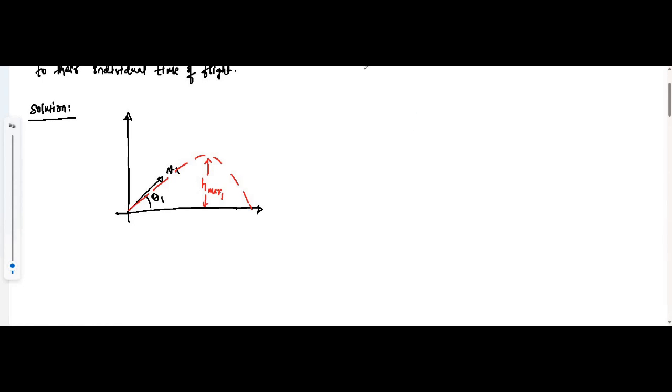Then we have another projectile, the second projectile. Let's say it is launched at the initial projection velocity u2, and let's say the angle is theta 2, and this also reached the same height as the first projectile. h max 1.